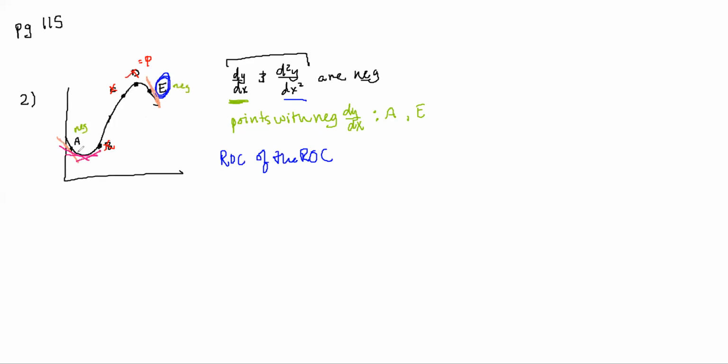We can see that these tangent lines along this curve are getting close to 0, and they are 0 right here at the bottom of that curve. And then for E, we know that the slope continues to go down, so these tangent lines are going to continue to become more negative. So we can see that the rate of change of the rate of change is going to be negative.